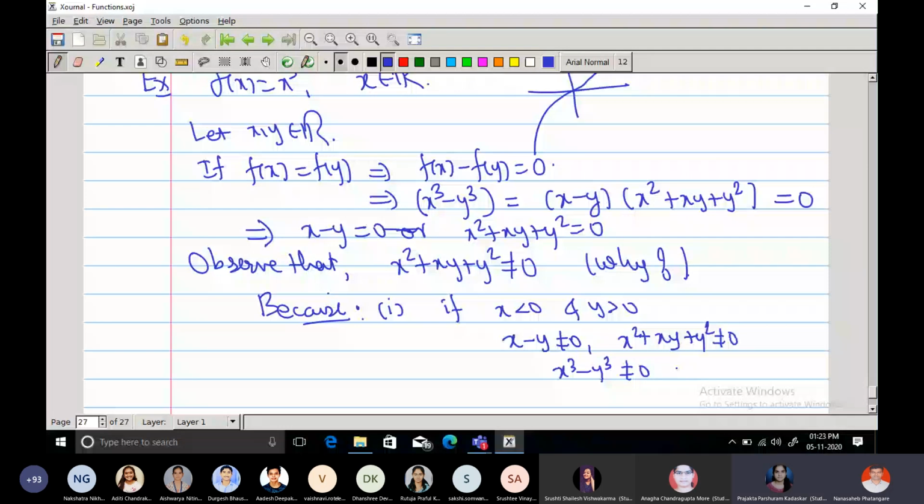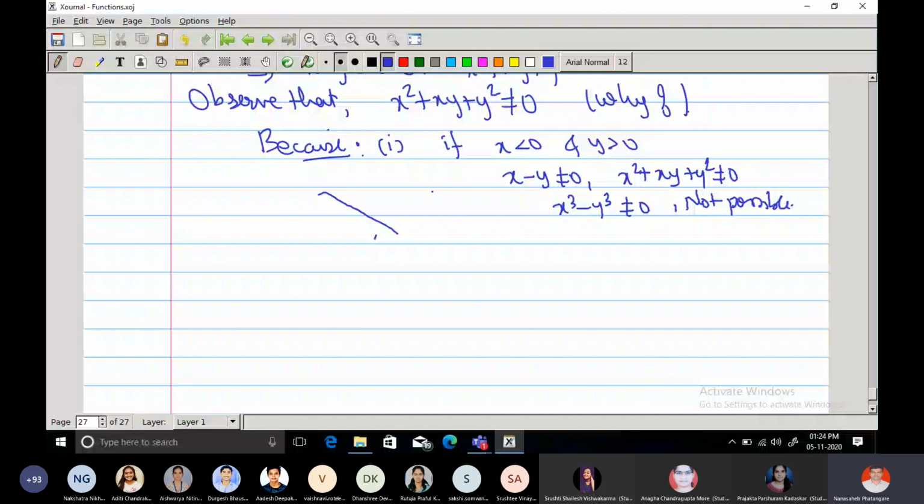So if x is negative and y is positive, in that case x cube minus y cube equal to 0 is not possible. But our assumption is that x cube minus y cube is 0. So one negative and another positive is not possible.